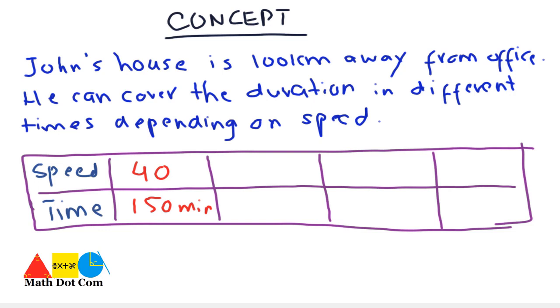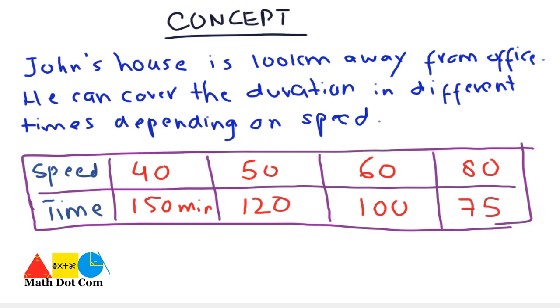If John increases his speed to 50 km per hour, then the time reduces to 120 minutes. If it is 60 kilometers per hour, then the time will be 100, and if it is 80, then the time goes to 75.